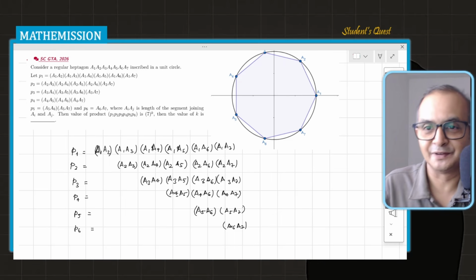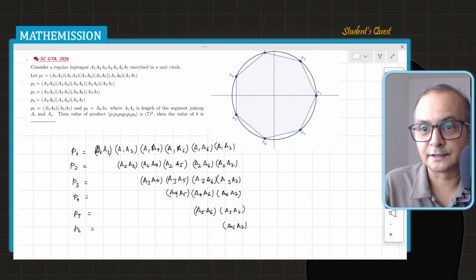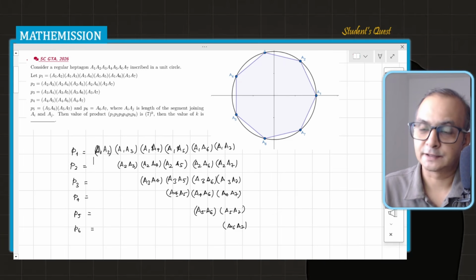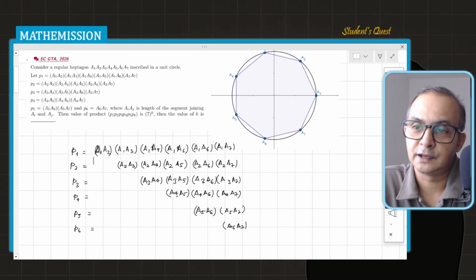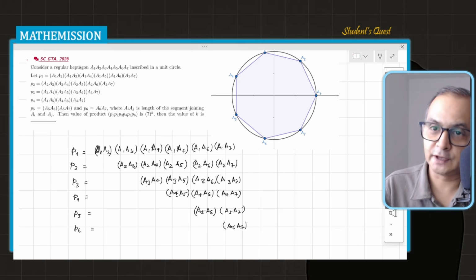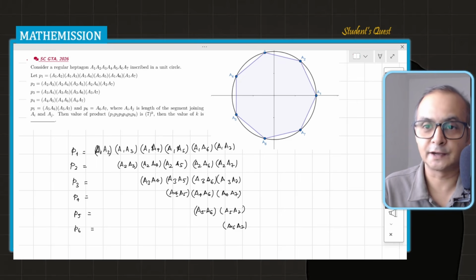So this is going to be A1A2, if I just insert it there, this is again the product of each chord starting from A2. This is the product of each chord starting from A1. So you notice this heptagon is so symmetrical, it doesn't matter from where you start. If you start finding the length of each chord from A1, that will be the same as if you find the lengths of each chord starting from A2.